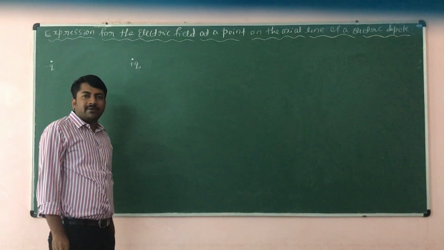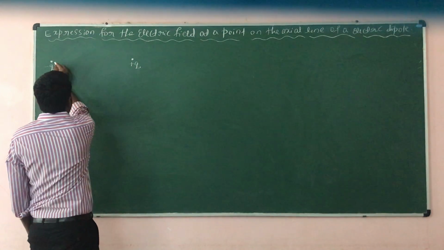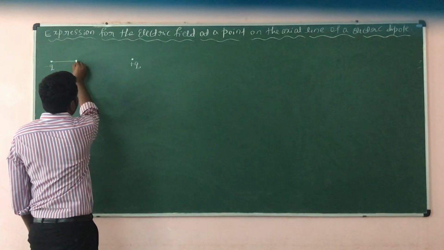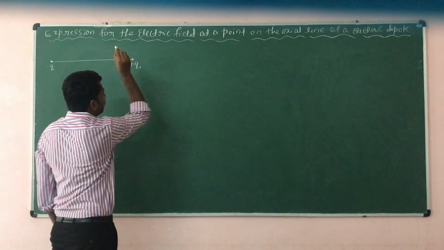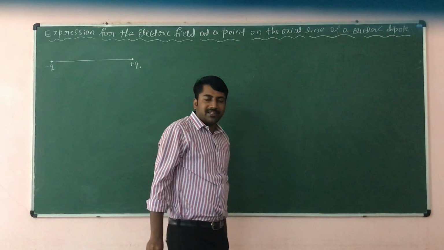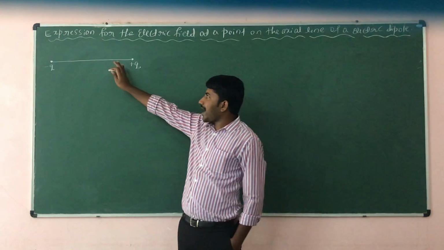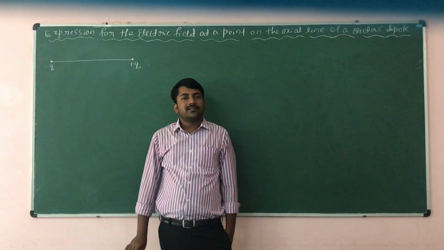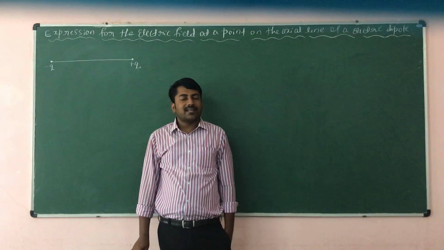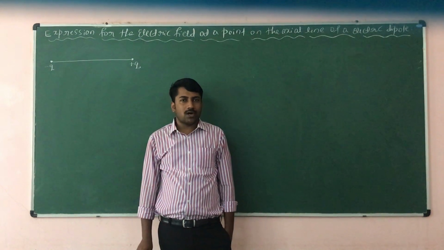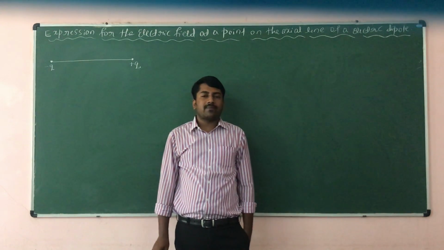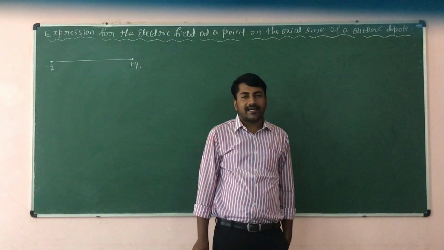A line joining the negative charge to the positive charge is called the axis of the dipole, right? Two point charges separated by a small distance is called an electric dipole.